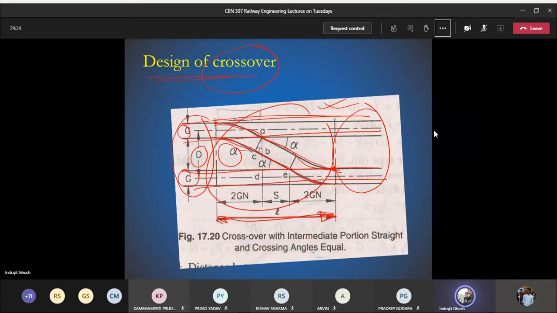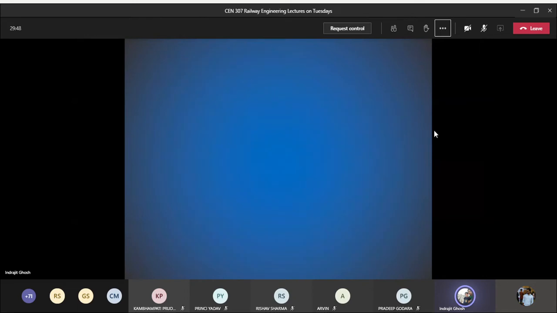You people have to solve problems, but before starting the problem, I would say you try to derive how the different components come along with me. So draw a rough diagram of this. Draw two lines.